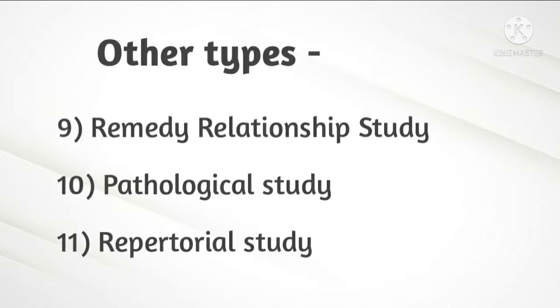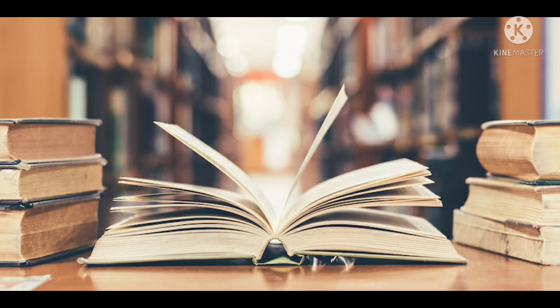The other types include remedy relationship study, pathological study. Knowing pathological states helps us understand the miasmatic states of the remedy. Repertorial study. So these are all the different ways of studying homeopathic materia medica.